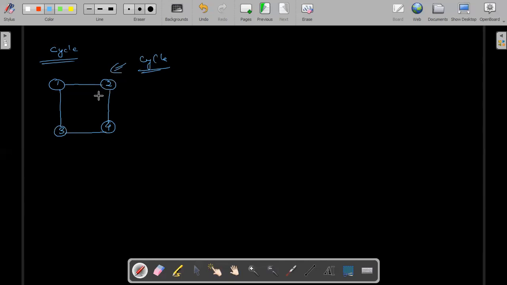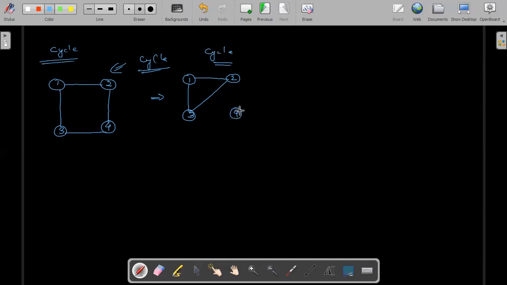Again, you can create a cycle in a different way also, like this. You can see it. One more, take one more: 1, 2, 3, again 4 here. Like this also you can create. This is also a cycle. But what did you do exactly here?